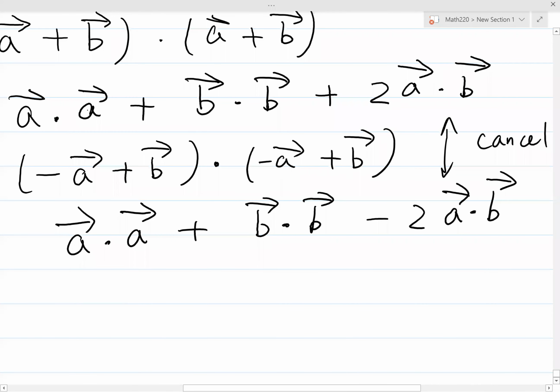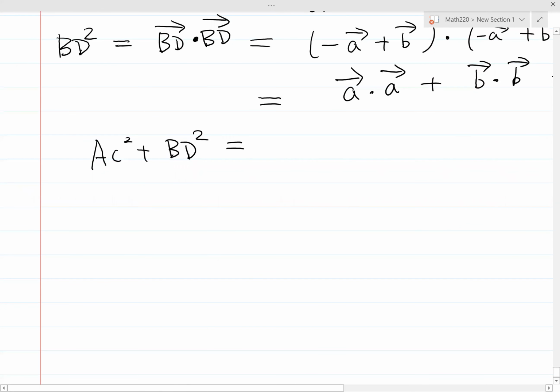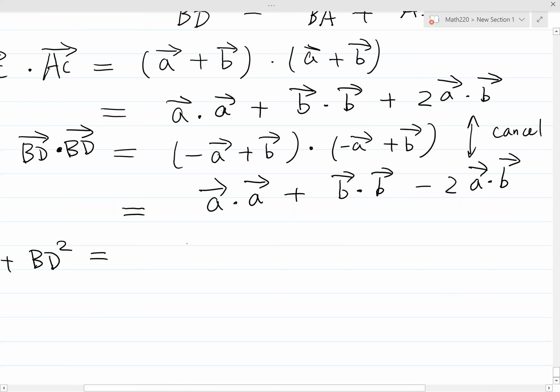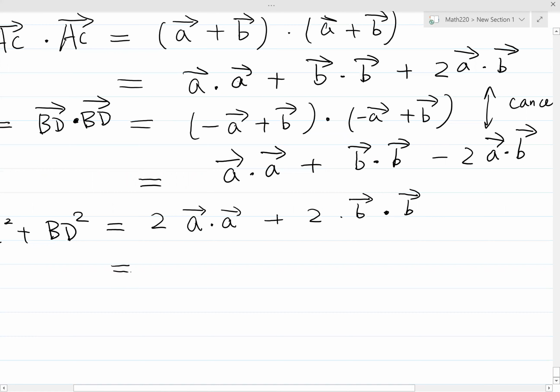So if we add them together, what's remaining is twice A dot A plus twice B dot B. Now the dot product of a vector with itself is its norm squared.